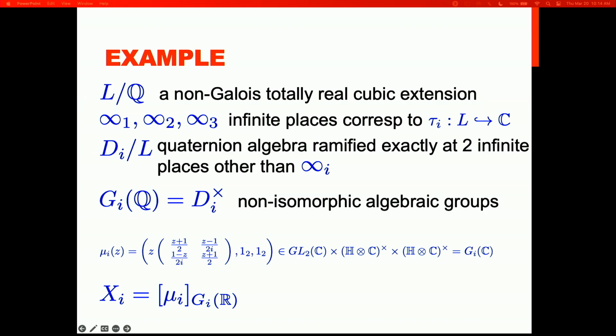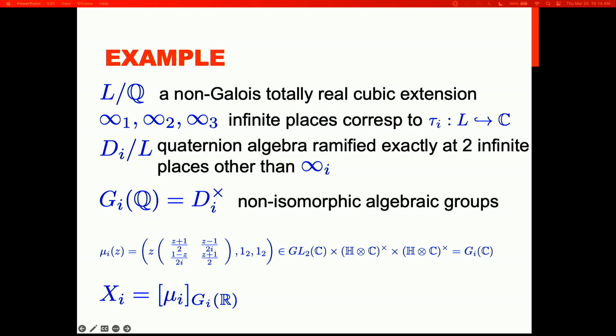And these are genuinely non-isomorphic as algebraic groups, or even its rational points are non-isomorphic as abstract groups. And you can extend G_i, you can add some obvious conjugacy class of co-characters.